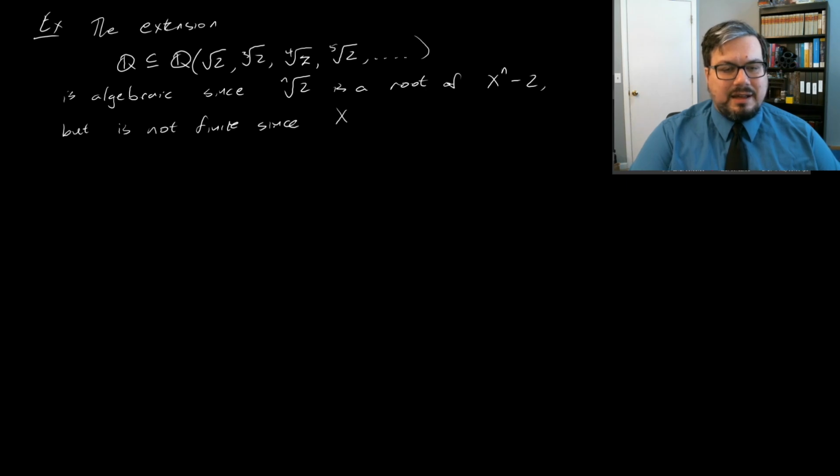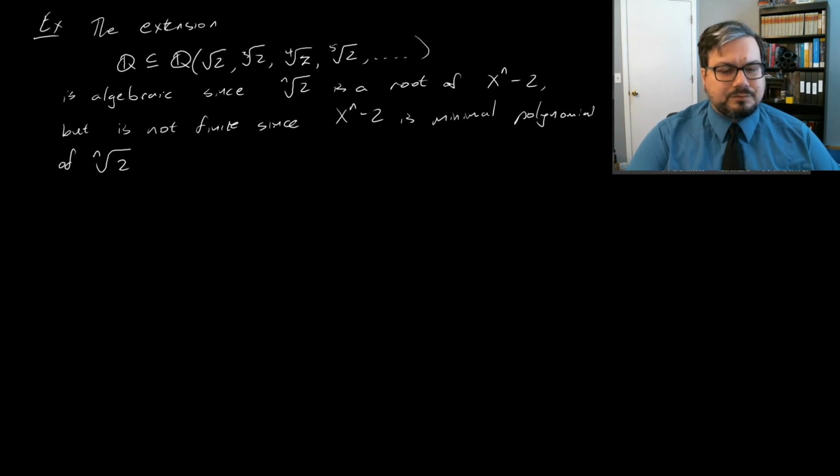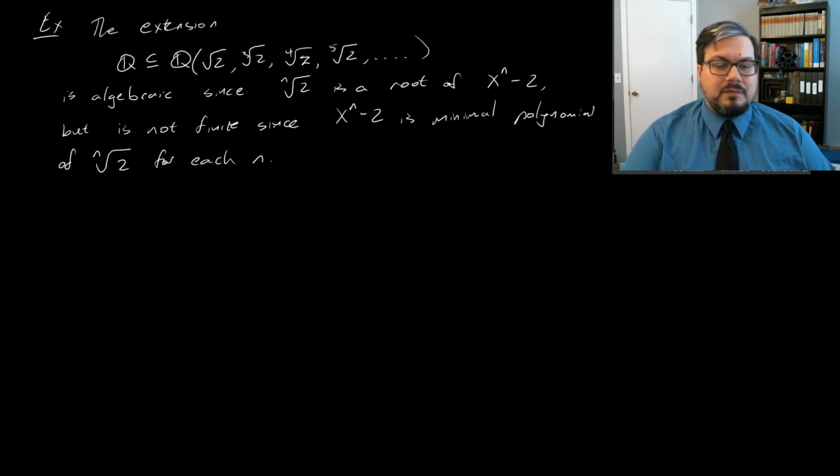since x to the n minus 2 is in fact a minimal polynomial of the nth root of 2 for each n. We can show this simply by showing that this is irreducible.